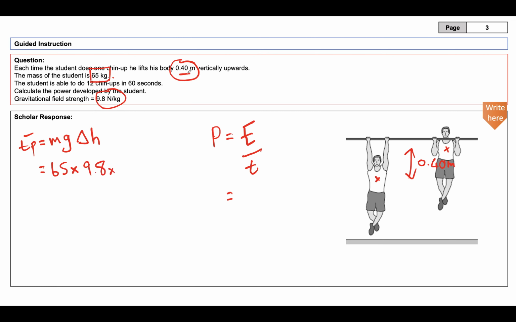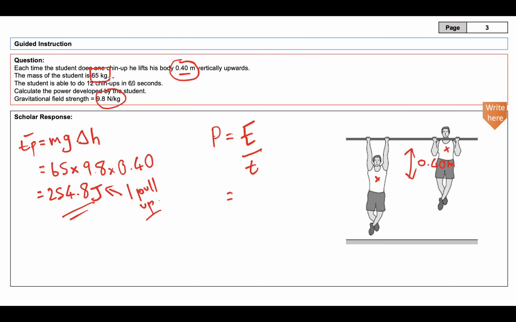And we know that every time he does one pull-up, he goes up by 0.4 meters. That gives us 254.8 joules. So that's for one pull-up. Let's label that. That's only one pull-up.